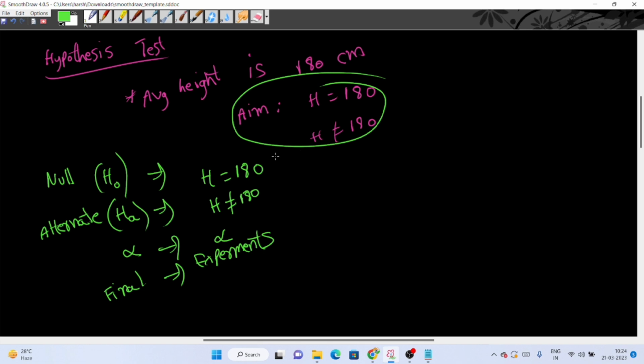If the null hypothesis is true, we can conclude that this hypothesis is true, but if it is false, we can reject the null hypothesis and stick with the alternate hypothesis. So this is all about null hypothesis and alternate hypothesis.